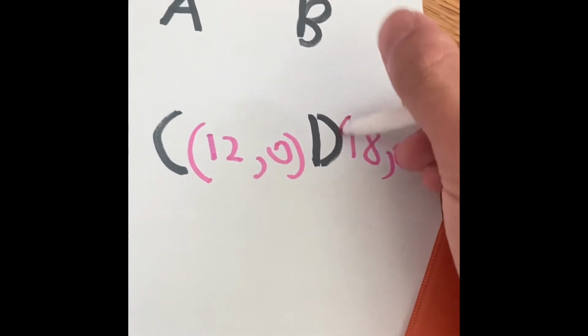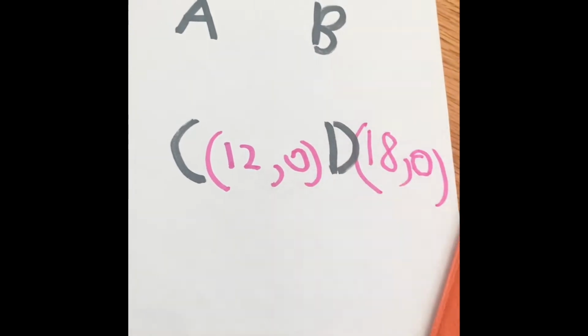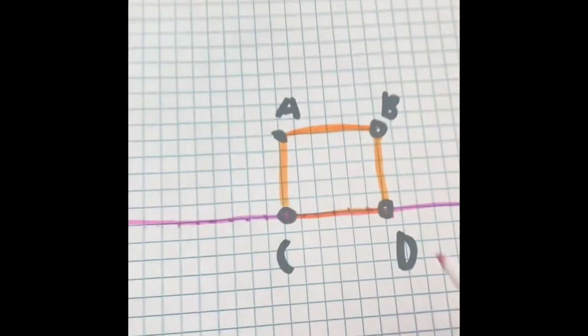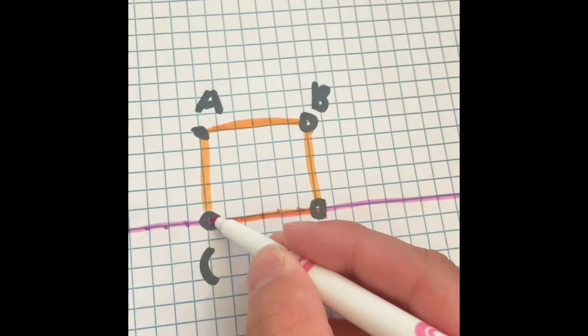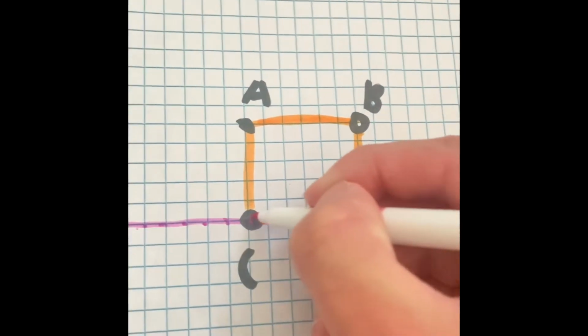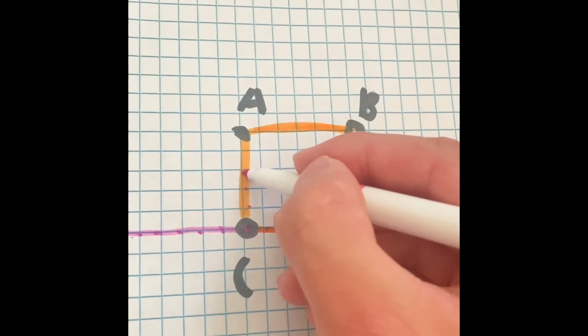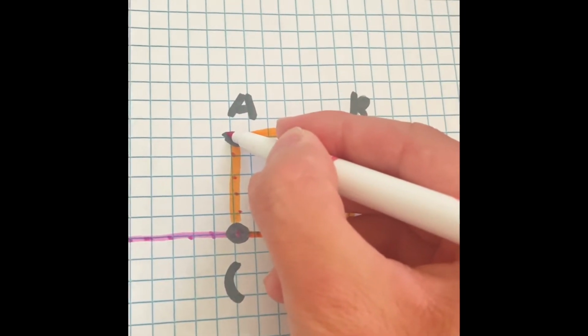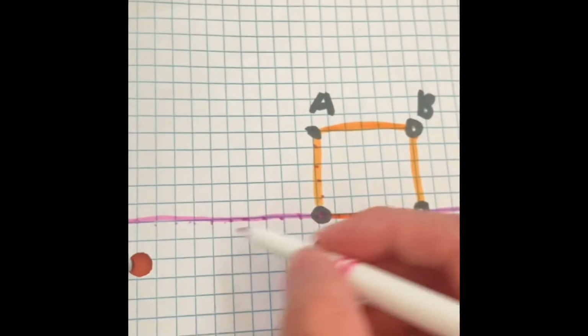Now, we're going to understand A and B as points. If C was here and we counted 12 on the x-axis, the y-axis is up and down. So we count 1, 2, 3, 4, 5, so we say 12, 5.